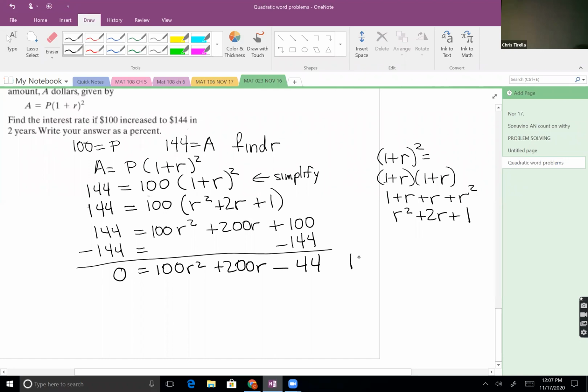Now we have to factor. There's a common factor of 4. That leaves me with 25 R squared plus 50 R minus 11.